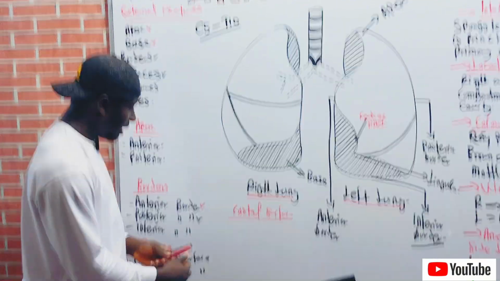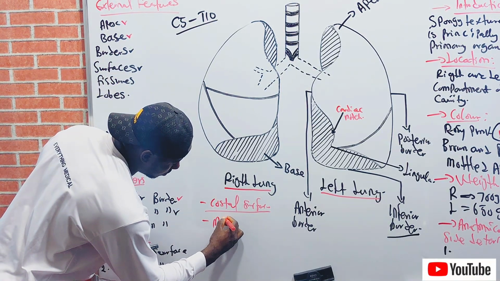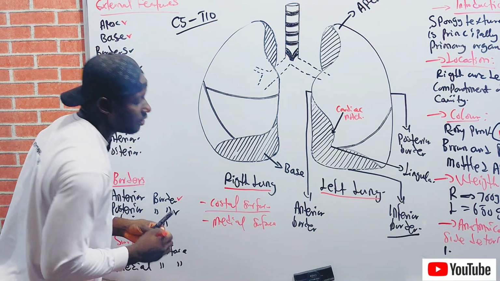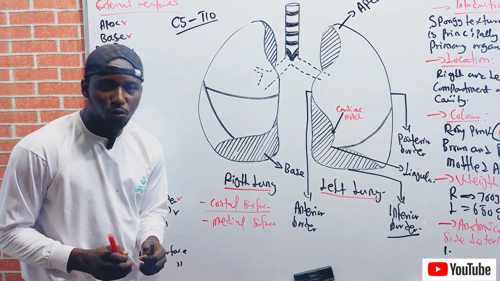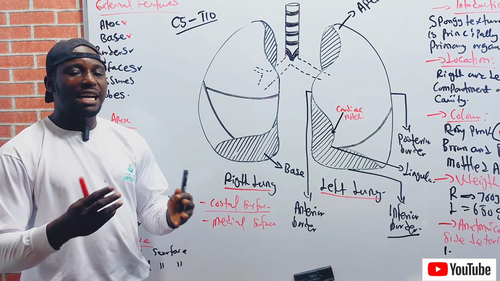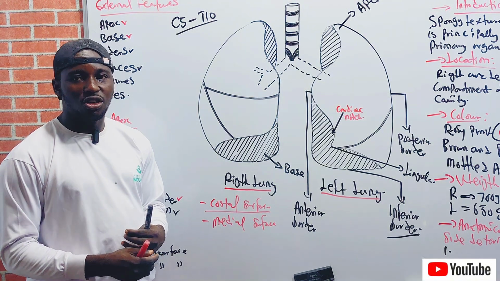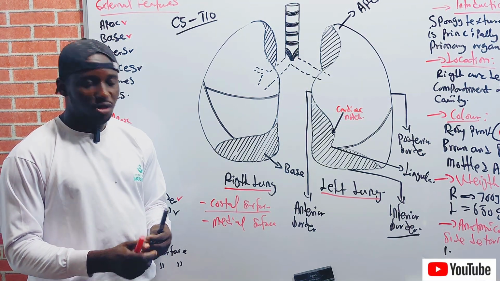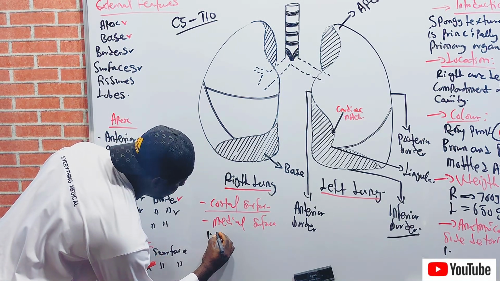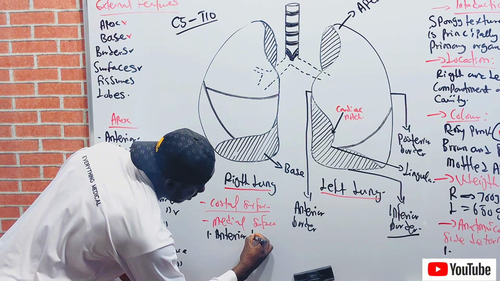Now let's deal with the medial surface. The medial surface of the lungs is divided into two parts. We have the anterior large mediastinal surface and the posterior small vertebral surface.